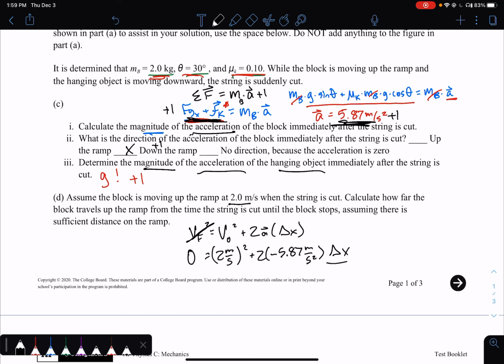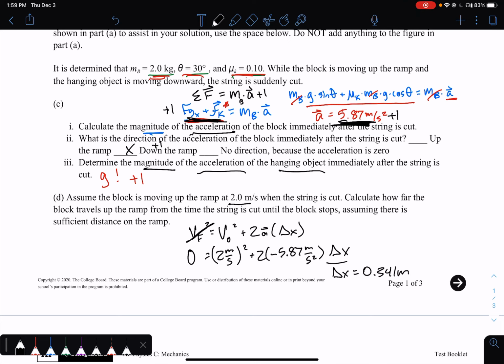Doing that, you should have gotten a displacement of 0.348 meters, or sorry, 0.341, as long as you used gravity as 10 to get this acceleration.